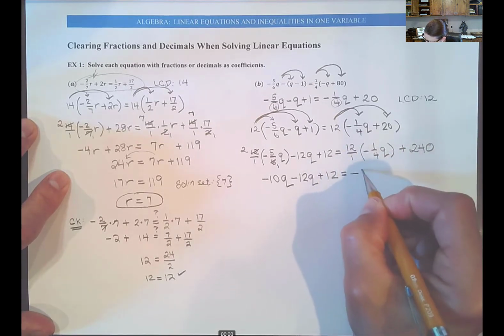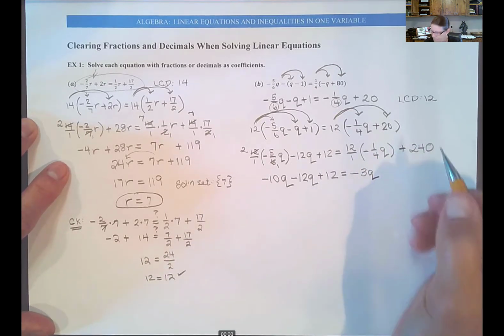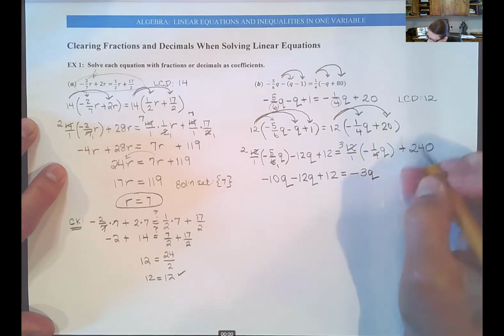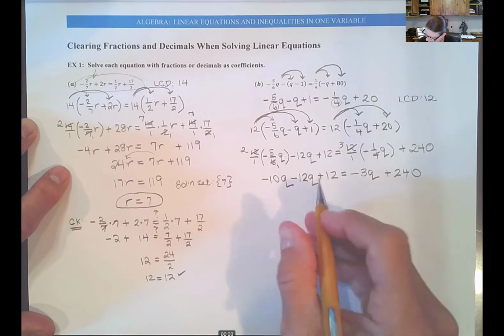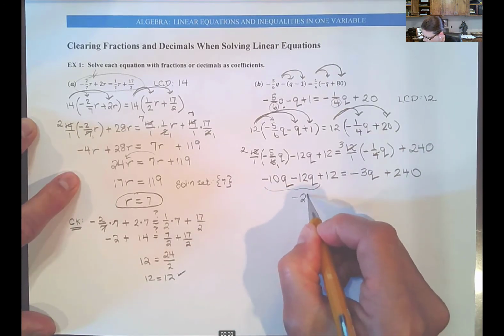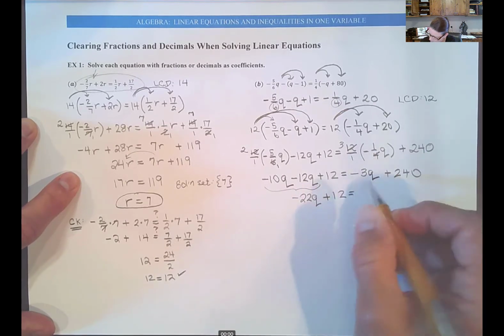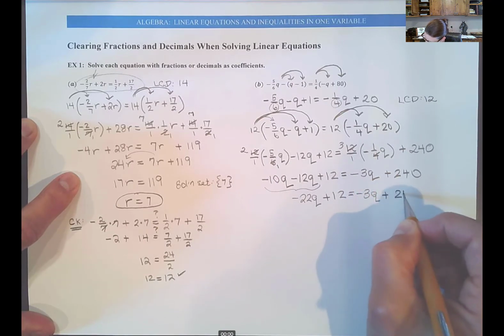This is going to have a negative symbol in front because that's 12 times negative 1/4, isn't it? 4 divides into 12 3 times. Plus 240. Combine like terms. Negative 10q minus 12q is negative 22q. Plus 12 equal negative 3q plus 240.